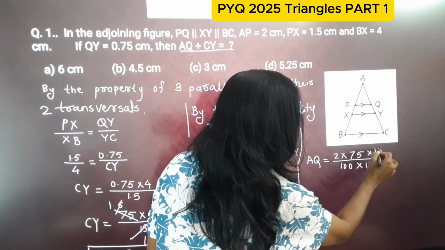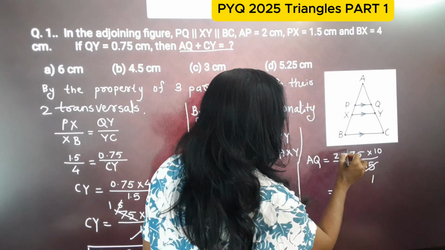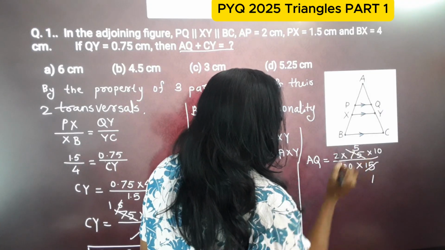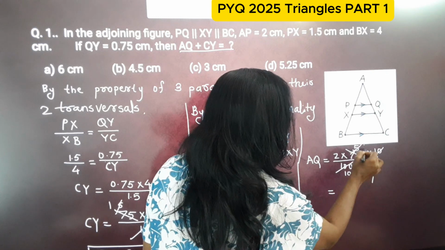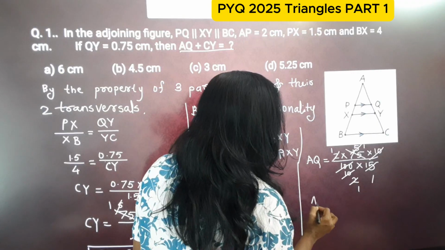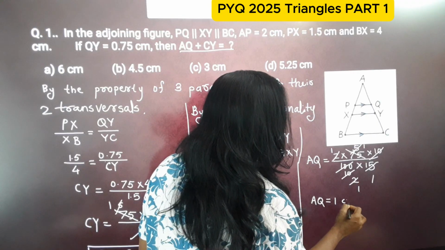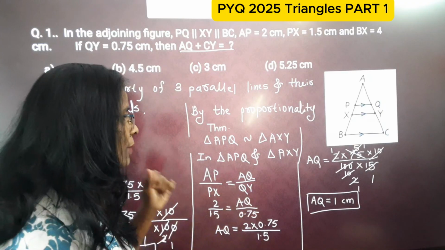Okay, so now 15 ones are 15, then cancel, here 10, 5 ones are 5, 2 ones are 2. So now AQ is equal to 1 centimeter. Students, AQ is equal to 1 centimeter.